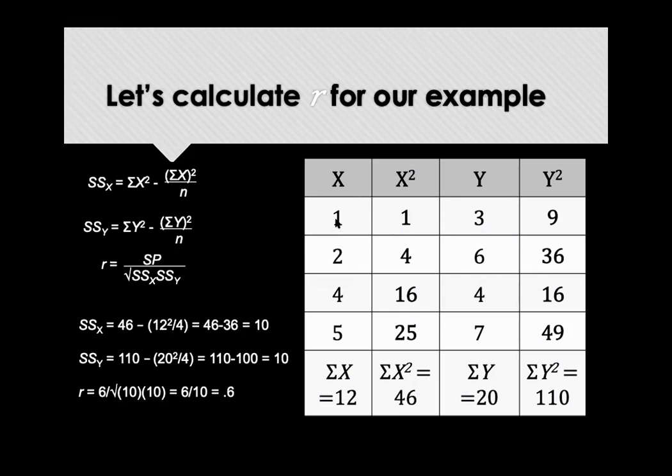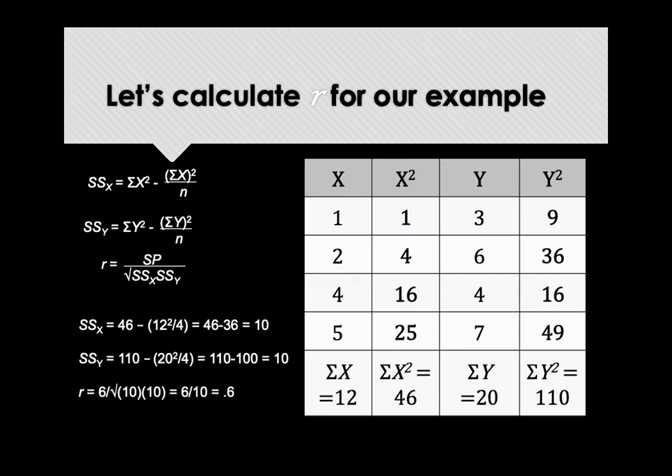So 1 times 1 is 1, 2 times 2 is 4, and so on. That's where you're getting the X squared and Y squared values, and then you add down each column, right? So the sum of X is 12, the sum of X squared is 46, just by adding these 4 numbers together. And similarly, add down for the sum of Y and the sum of Y squared.